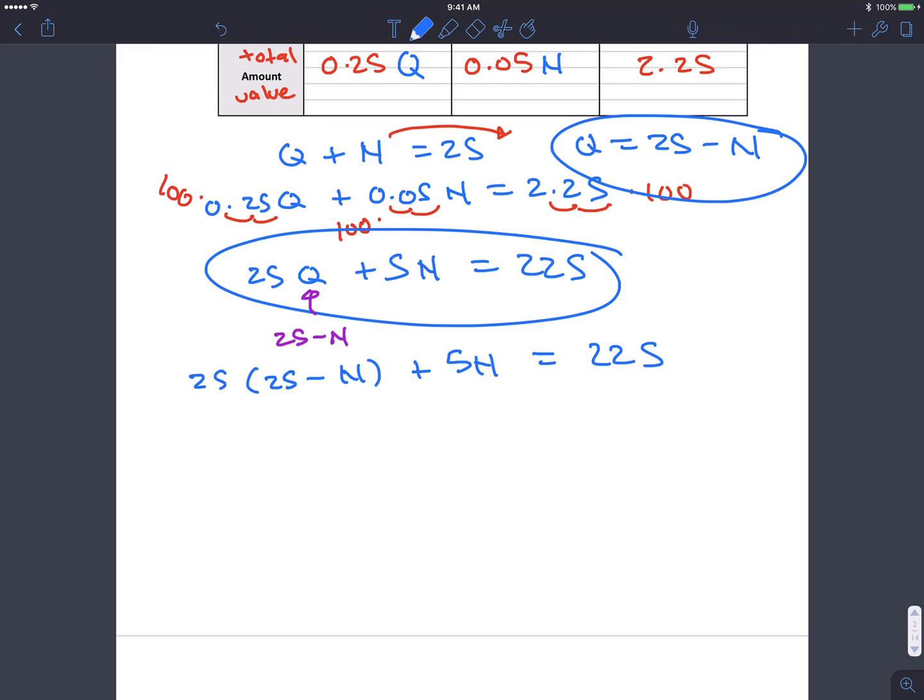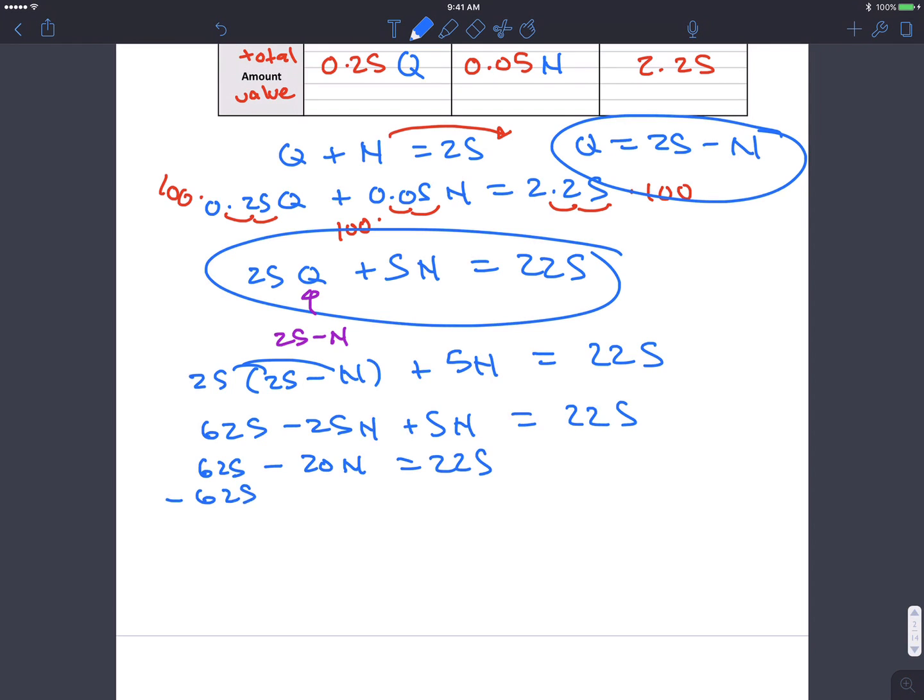Well, 25 times 25 is, what do you guys remember? 25 times 25 is going to be 625. So I get 625 minus 25N, because we are distributing, plus 5N gives us 225. So 625 minus 20N, if I simplify this, is 225.